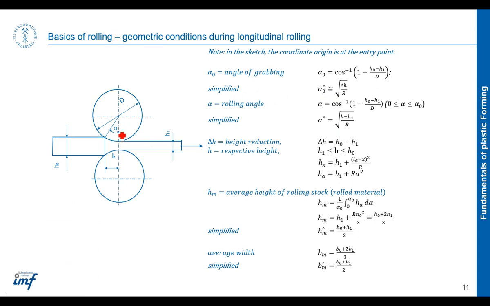This is this alpha, which we can calculate by using any of these simple equations, and generally it is basically the difference in height divided by the roll radius, and then we can get this alpha.